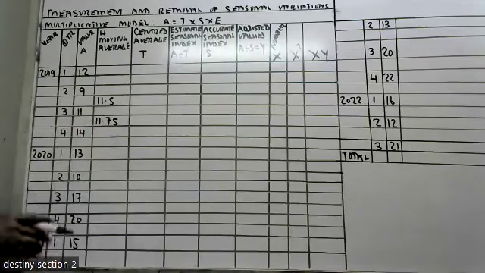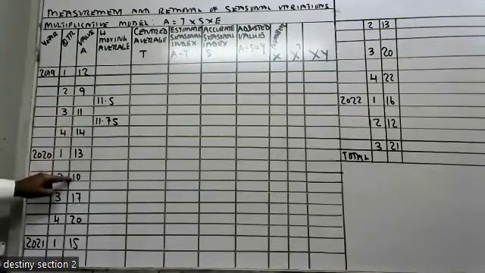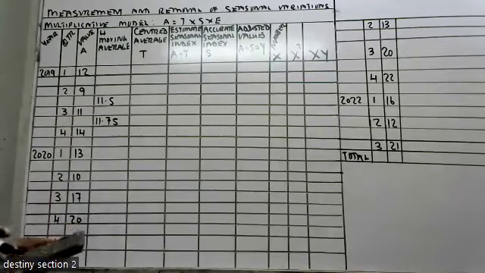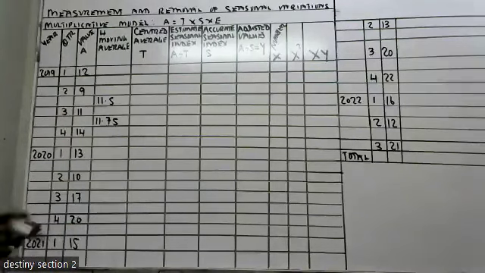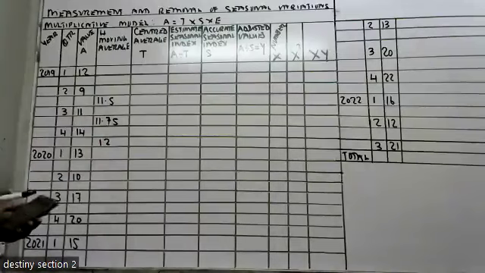And now here, we already have dropped 9, so we have taken 11 plus 14 plus 13 plus 10. Divide by 4. I'm waiting for your answer. 12. Let's drop 11. Now pick 14 plus 13 plus 10 plus 17.